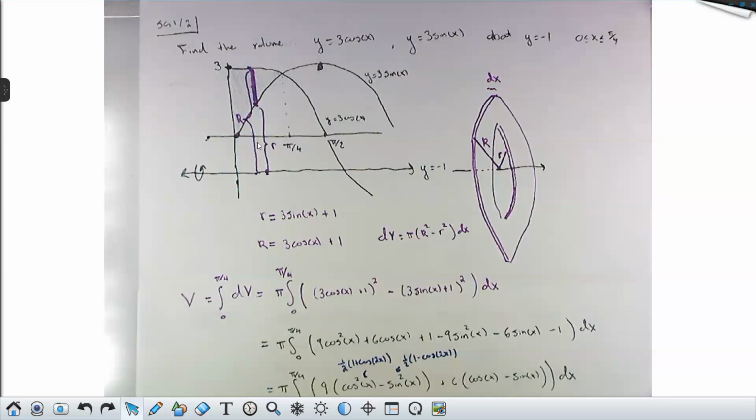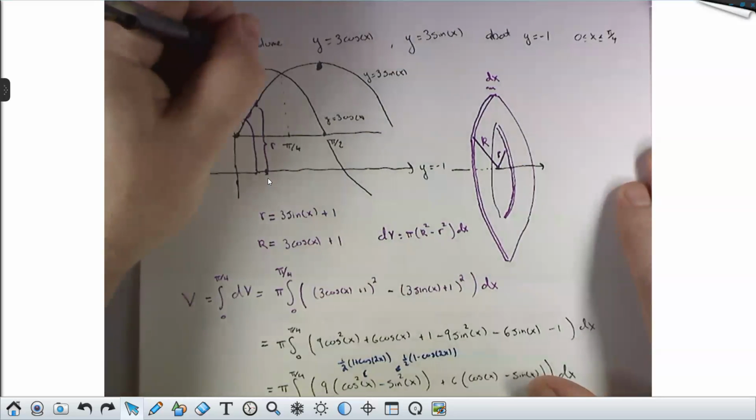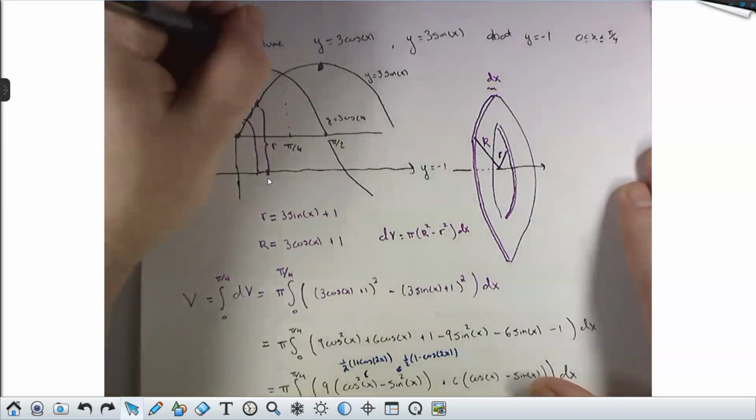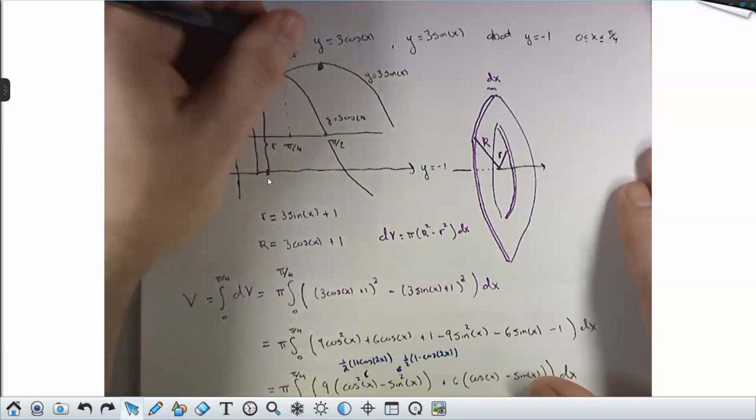Remember the strip is always in here at what we call a generic x value or generic y value. So for big R, we're asking what is the distance from this end of the strip to the axis of rotation? Well, this point up here, along the curve y equals 3 cos x, is (x, 3 cos x).